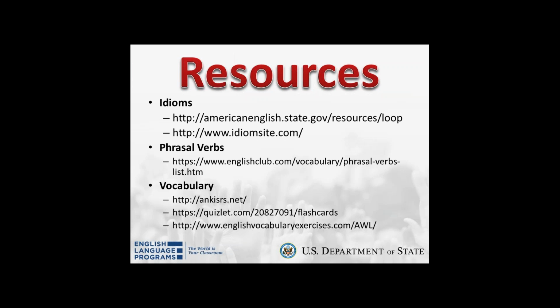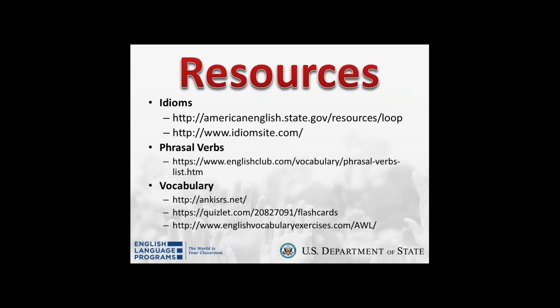Finally, the last link, as you can see at the end of the link, it's called the AWL, or the Academic Word List. Sometimes if you have more beginning students, or if you don't have opportunities for the students to do much reading or outside work so that they can start collecting words for the word wall, these are some lists that you can start using because they are organized in sets of 1,000 words.